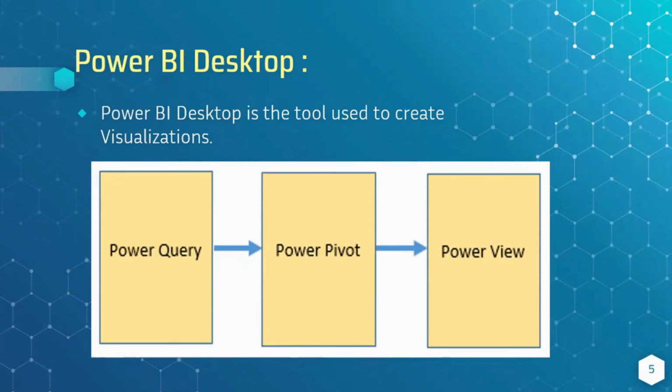Using Power Pivot, we can implement any kind of calculations by writing expressions, whatever we need for our project. Using Power View, we can present the data using different types of graphical visualizations like bar chart, pie chart, line chart, area chart, etc.